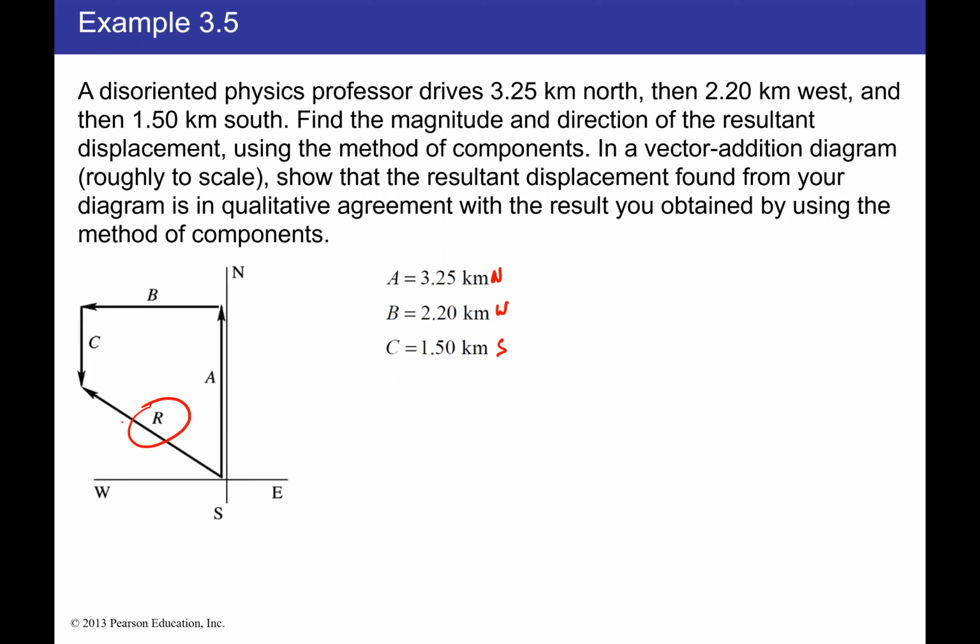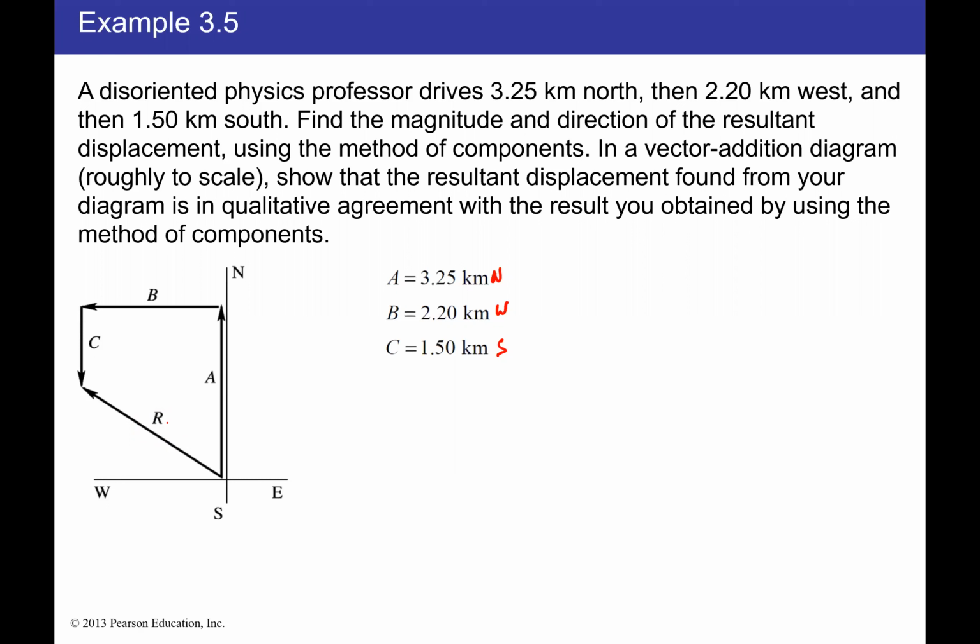Now, what do we get from the resultant? Again, you can estimate some of the things. What do you think would be the estimated values for the magnitude and the direction?